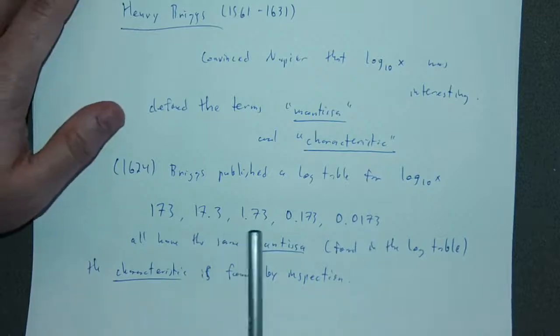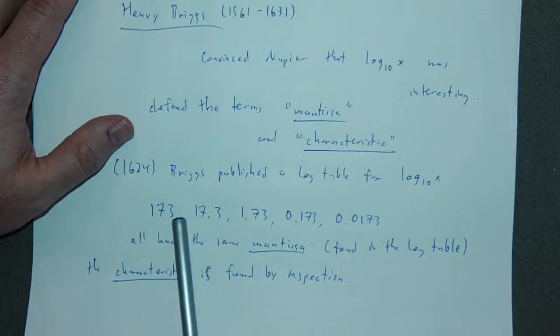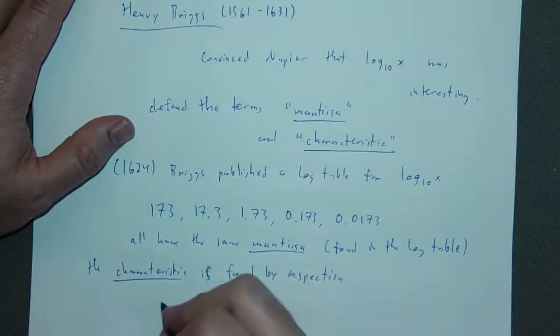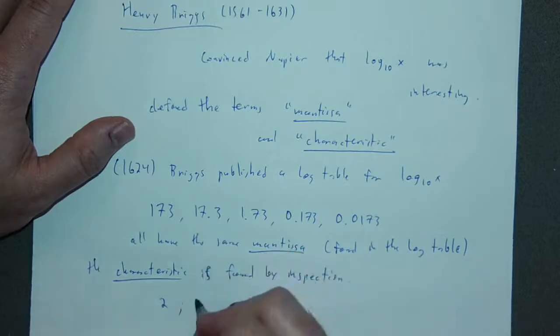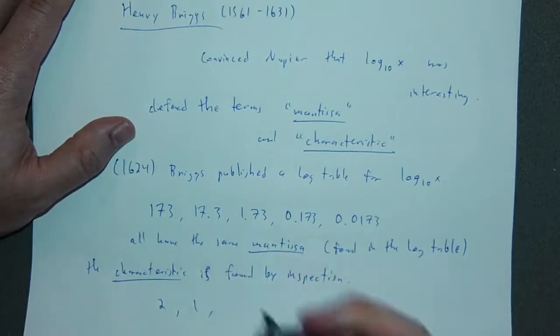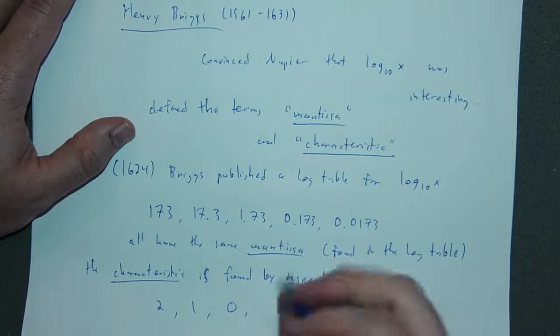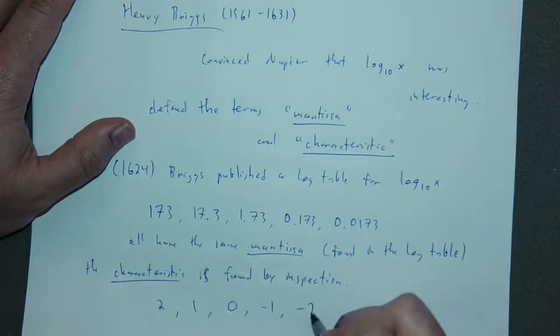So you see exactly what it is. How far do I have to move the decimal for it to only have a single number to the left of the decimal? 2 to the left. So that has characteristic 2. Here I would have to move it 1 to the left, so that has characteristic 1. Here I don't have to move it at all, so that has characteristic 0. Here I would have to move it to the right 1, so that's characteristic -1. Here I'd have to move it to the right 2, so that's characteristic -2.